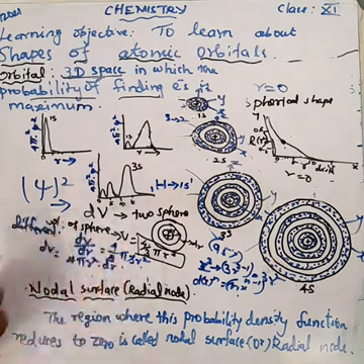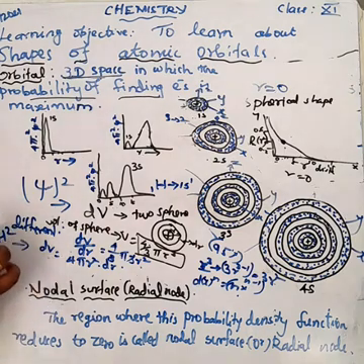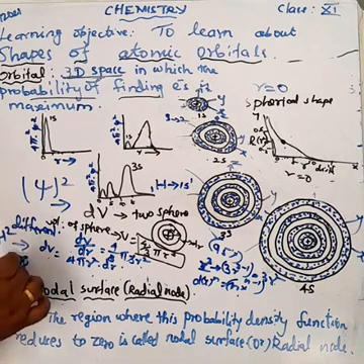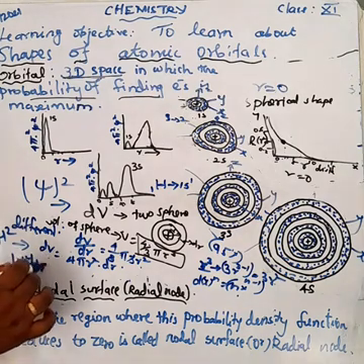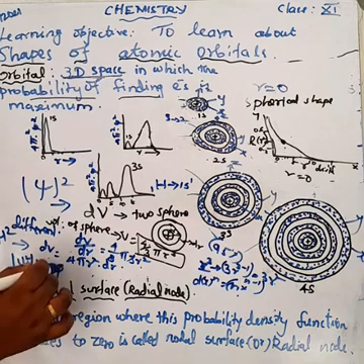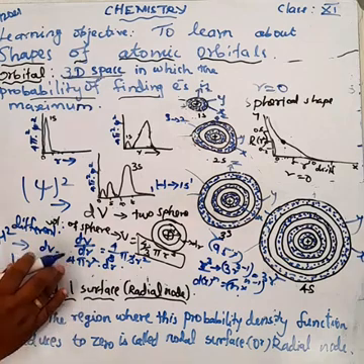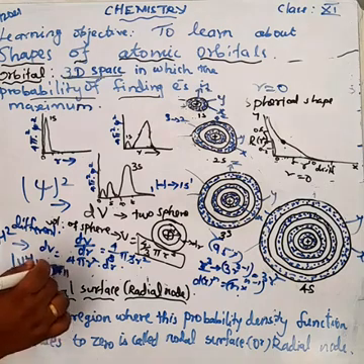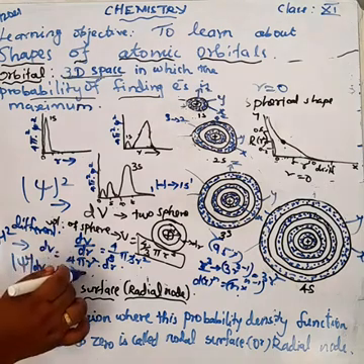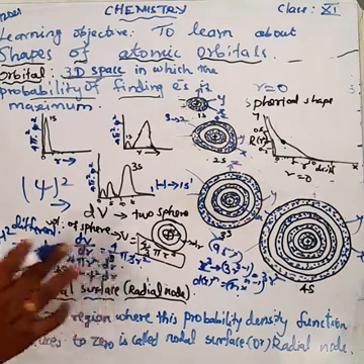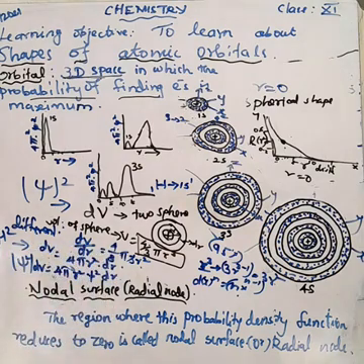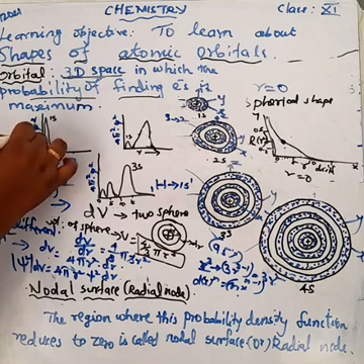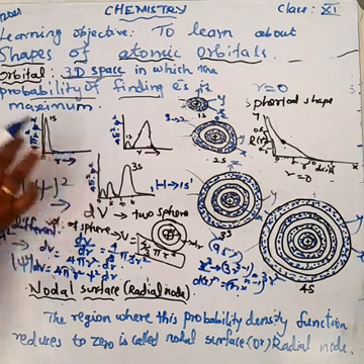When I multiply this equation with psi square, we get psi square dV is equal to 4 pi r square psi square dr. So we plot a graph between 4 pi r square psi square and the radius r.